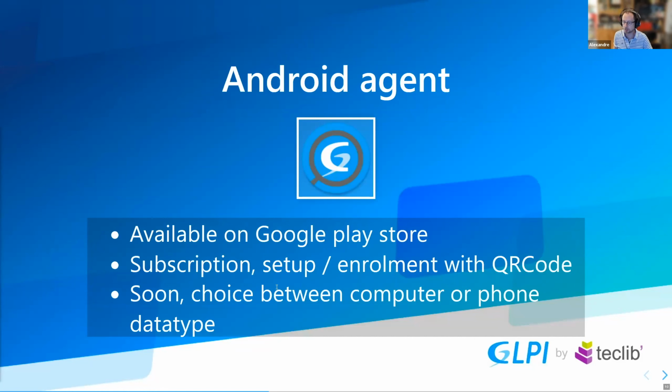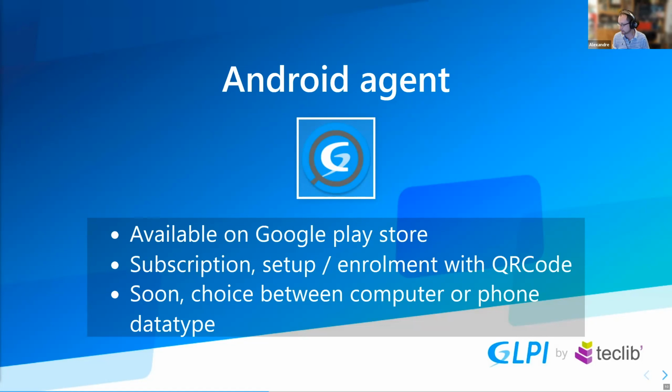Just a quick recall also. We have, since a month, we have an updated agent on the Google Play Store. It does inventory, and when you set up the server for the GLPI agent, it's supported. It was for the plugin in Fusion Inventory previously, and it was already called the GLPI Android agent in the past.